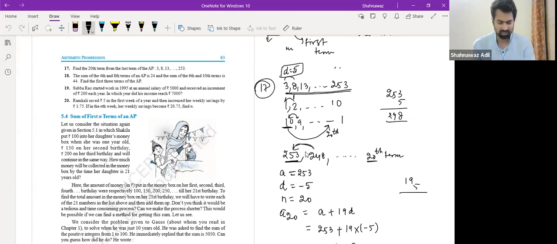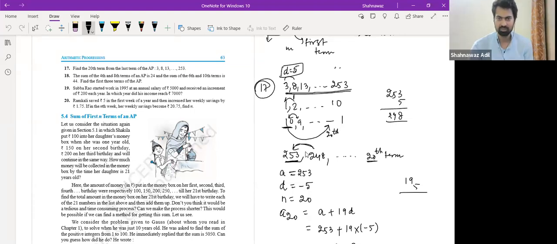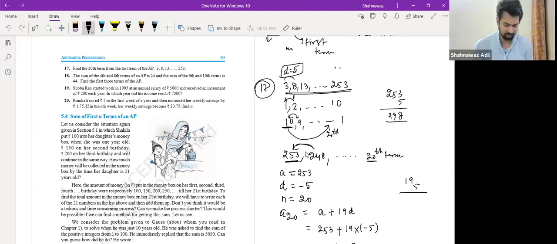Any doubt, guys? Talha, Rizwan, Shama, and Rahul? No, sir. So only Rizwan said, rest of you guys, any doubt? No, sir. Okay, so you guys please note it down.